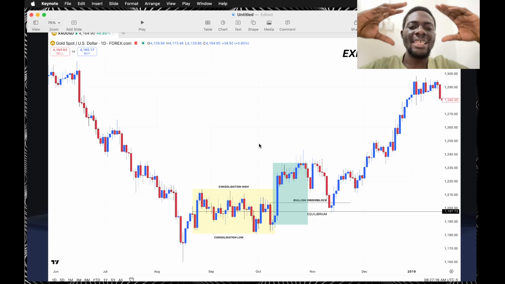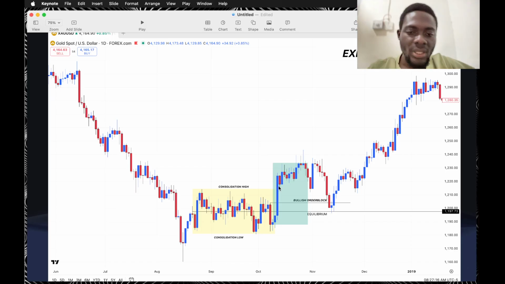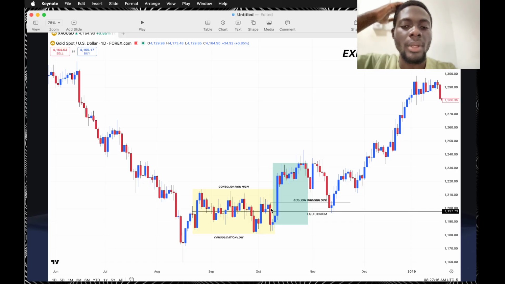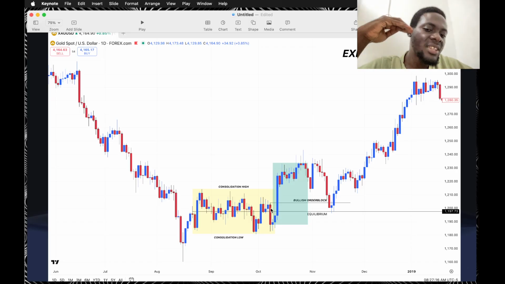The order block is the order block. A bullish order block is the last red candle or the last subsequent red candles before an impulsive move higher. So okay, let me not use red because other people may set their charts with other colors. So let me say the last bearish candle before an impulsive move upwards, or the last subsequent bearish candles before an impulsive move upwards. That's the bullish order block.